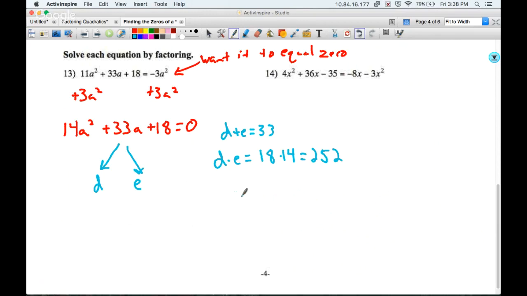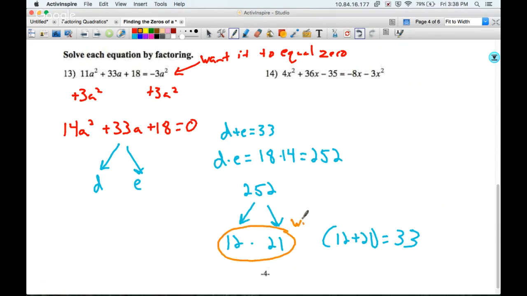And that works out really well. So 252 is equal to 12 times 21, and 12 plus 21 is equal to 33, which is what we wanted. So this is our winner.